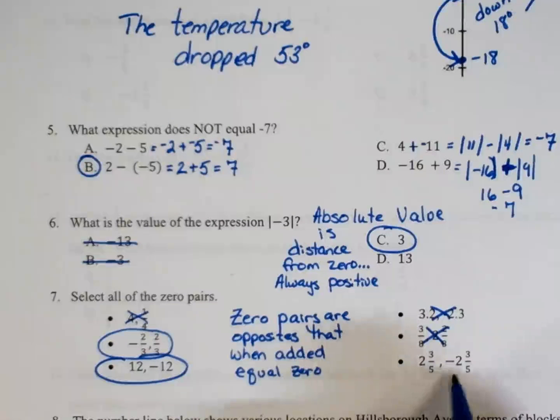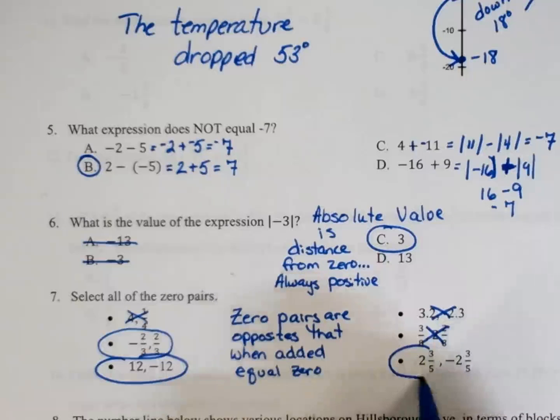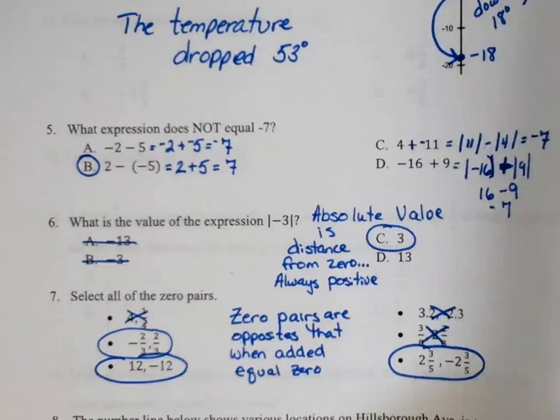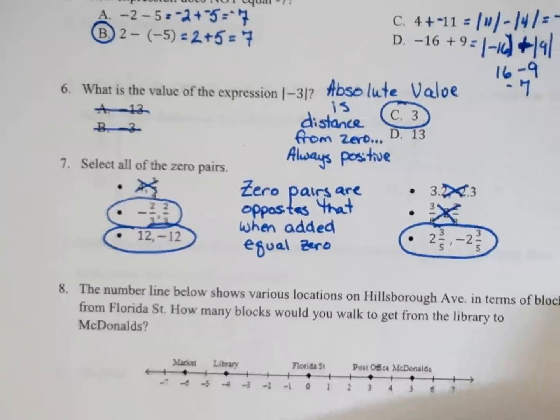And 2 3/5 and negative 2 3/5. That's a zero pair. Okay, does that make sense? Because negative 2/3 plus 2/3 equals 0. 12 minus 12 is 0. And 2 3/5 minus 2 3/5 equals 0. So those are, in fact, zero pairs.